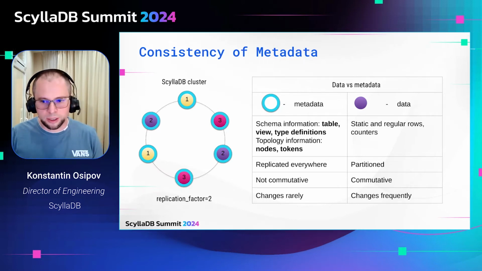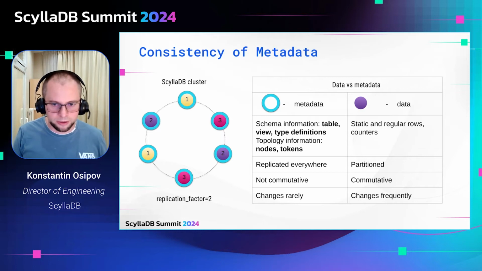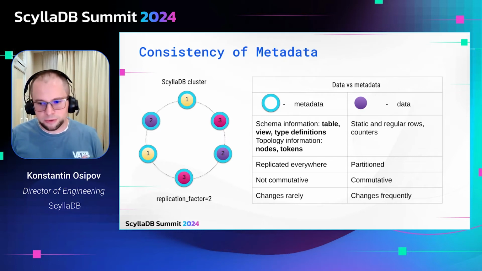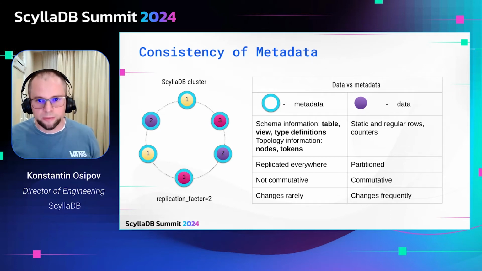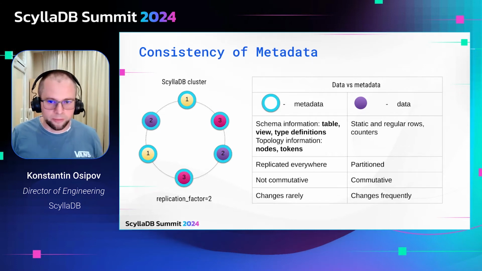Client data is replicated and partitioned, meaning that every part of the cluster stores its own fraction of the data, a partition or a shard. The metadata usually needs to be stored on every node of the cluster.